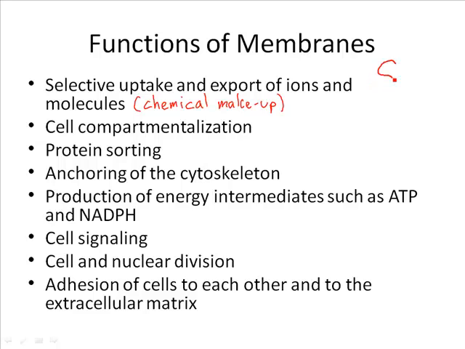The reason is that calcium is pumped into the endoplasmic reticulum, and it's the membrane surrounding the ER that controls the uptake of this calcium. The plasma membrane is another example. The plasma membrane regulates what gets into and out of a cell. So a membrane is very important in controlling the chemical makeup of a cell.